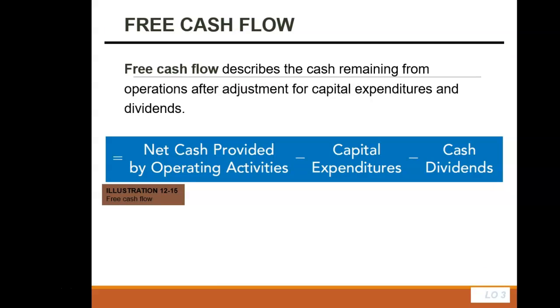Free cash flow. This is just a ratio that shows the net cash provided by operating activities. So you look at the net cash from operating activities on the statement of cash flow, subtract out any capital expenditures. That would be the acquisition of long-term assets such as buildings, land, machinery, equipment, etc. Subtract out any cash dividends to get what's known as your free cash flow.